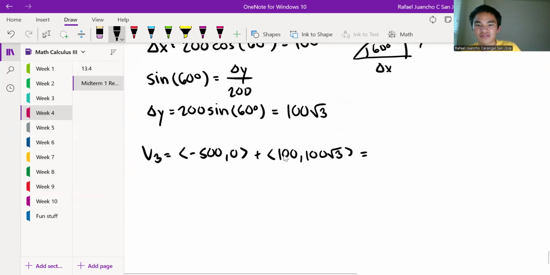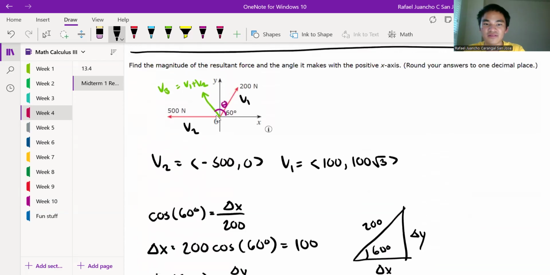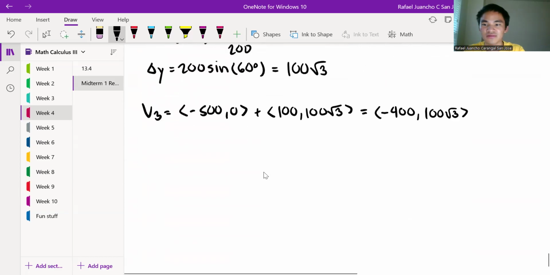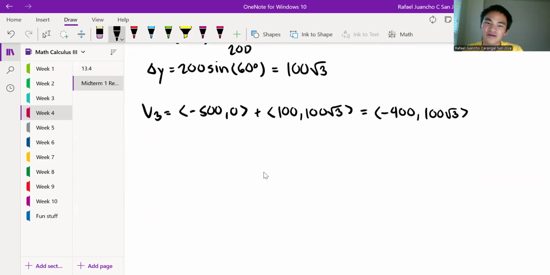And this should give me a nice value actually. This is negative 400, comma, 100 square root 3. And this makes sense, right? Because I'm moving to the left, negative 400, and I'm moving up 100 square root of 3. And so now I have my vector.